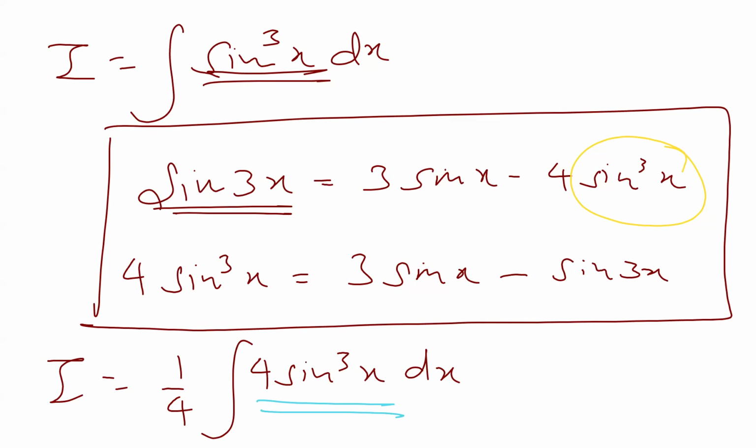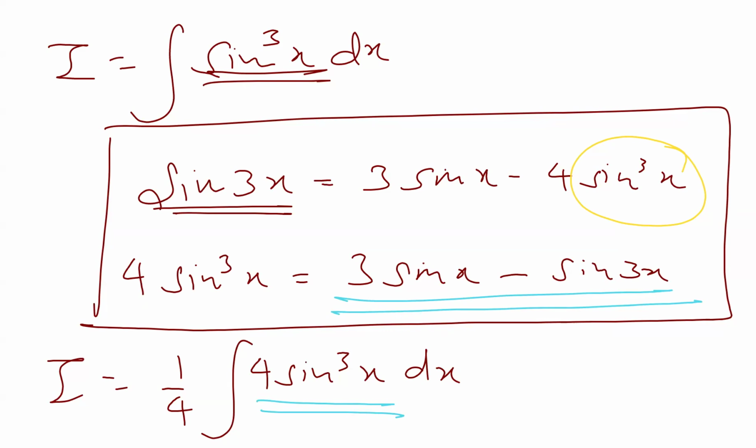Do we have this value? The answer is yes. Yes, we can take this 4 on the other side also, not a problem. So we have this value, 3 sine x minus sine 3x.